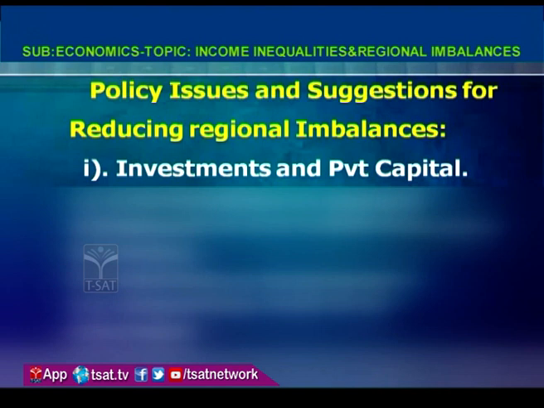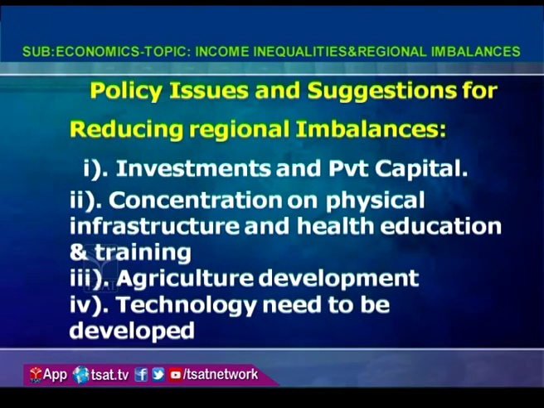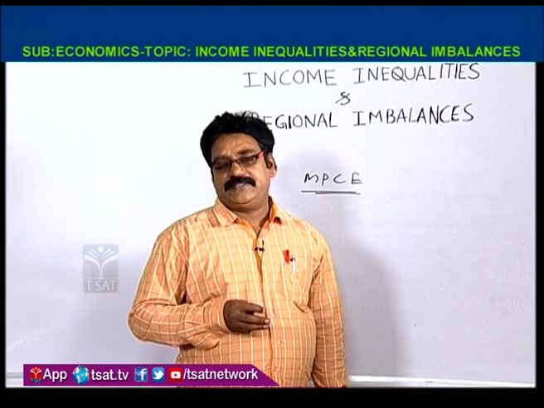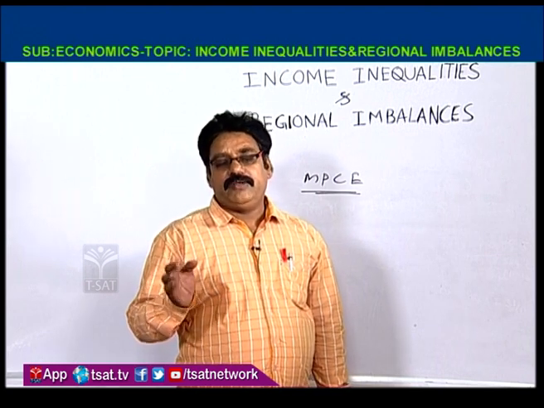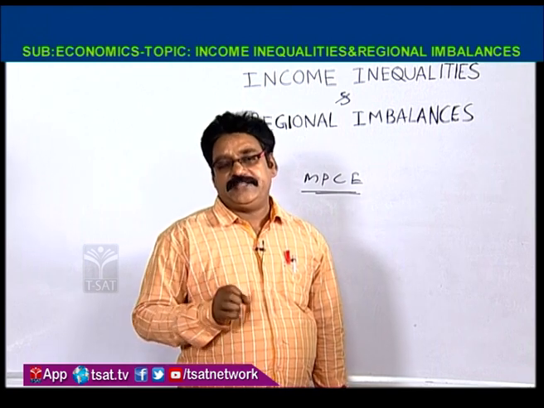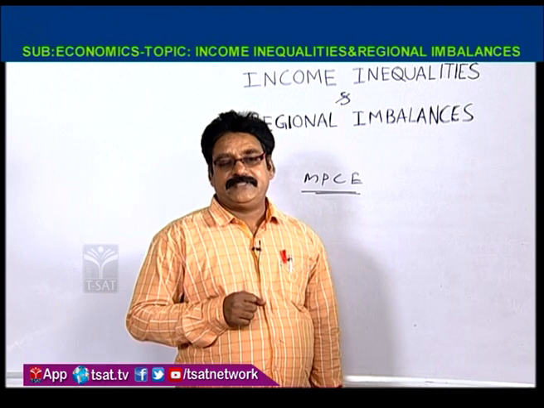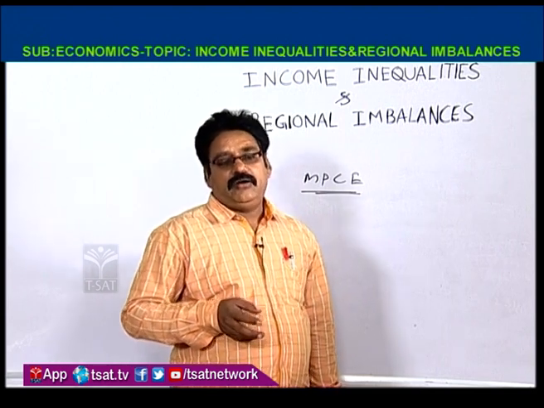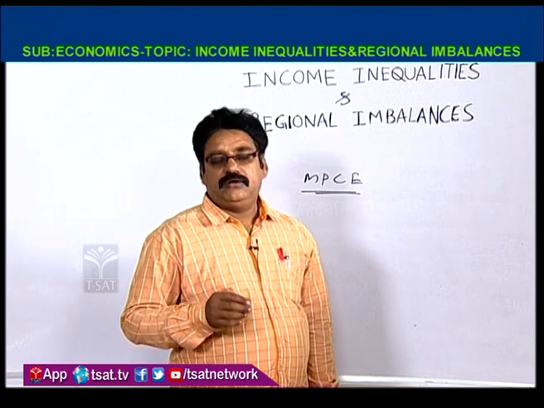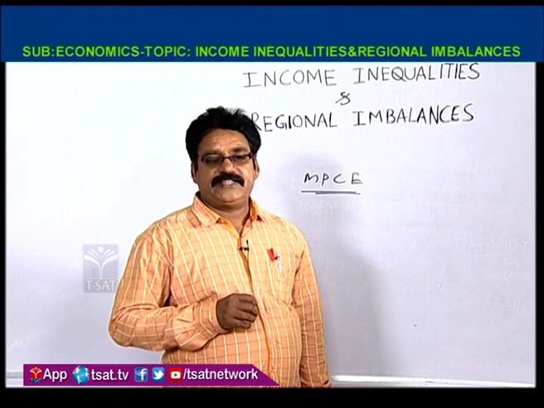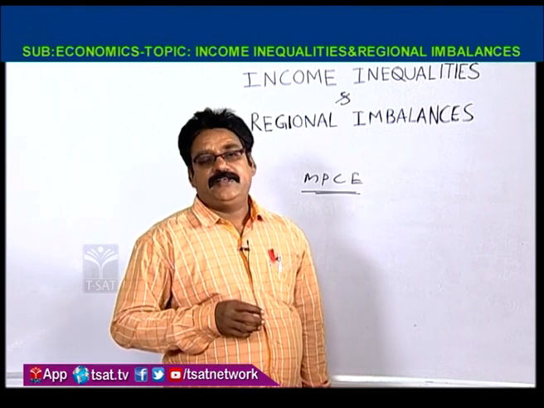Investment and private capital should be encouraged towards backward areas by giving incentives and subsidies. People who are ready to invest in backward areas may be encouraged by incentives. The government is encouraging people, without taxes, to establish industries in backward states and regions.